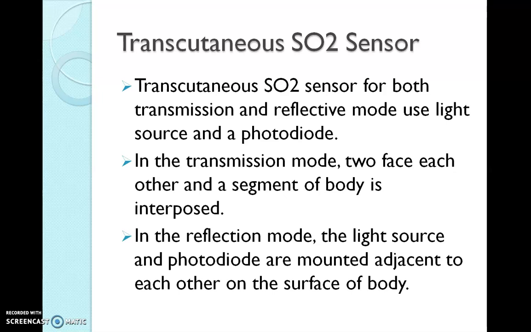The basic transcutaneous SO2 sensor for both transmission and reflective mode makes use of a light source and a photodiode. In the transmission mode, the two face each other and a segment of the body is interposed. In the reflection mode, the light source and photodiode are mounted adjacent to each other on the surface of the body.